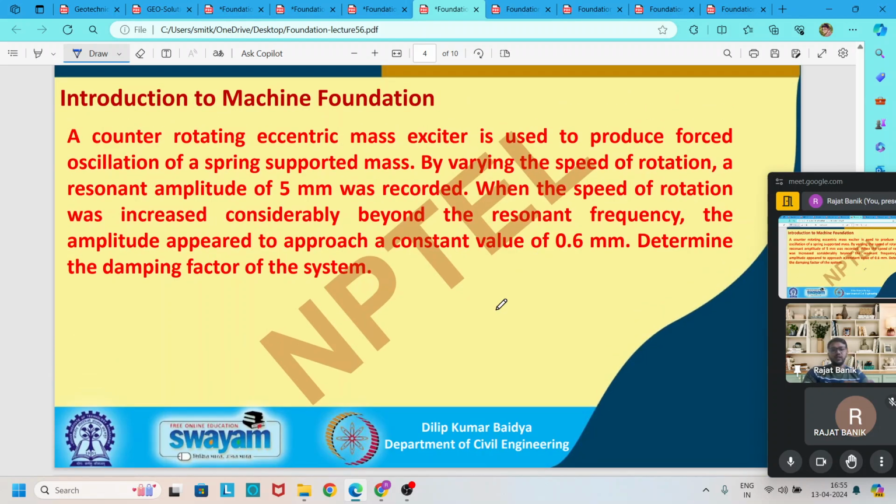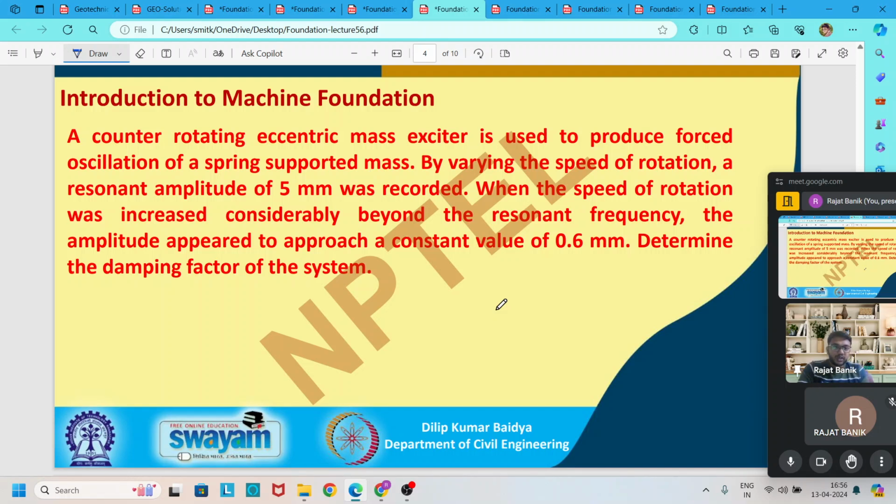In the next question, it is related to the rotating mass concept. It is said that a counter rotating eccentric mass exciter is used to produce forced oscillation of a spring supported mass.